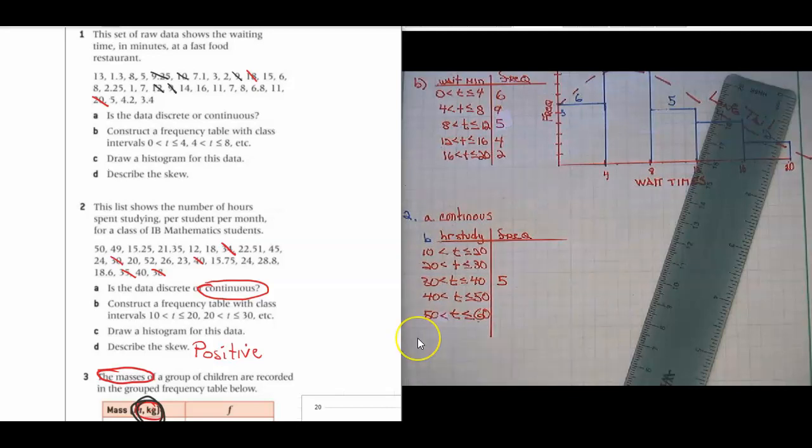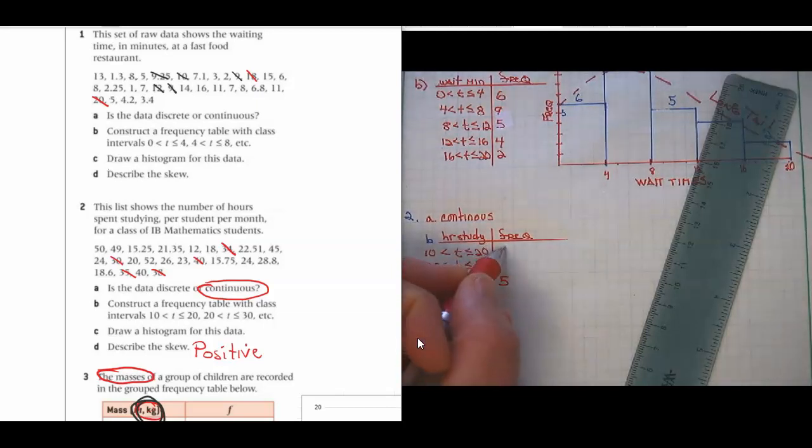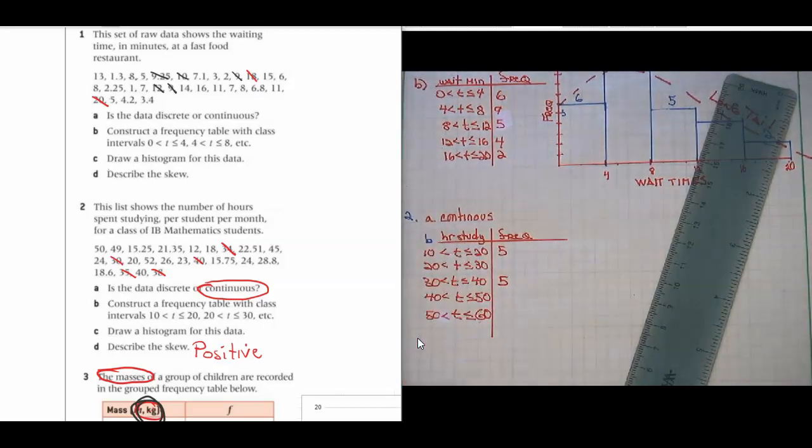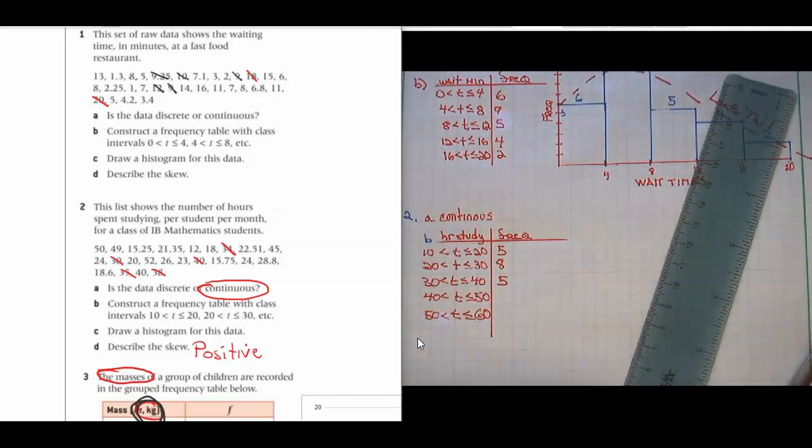I got 5 for the 10 to 20. Okay. 8. All right.